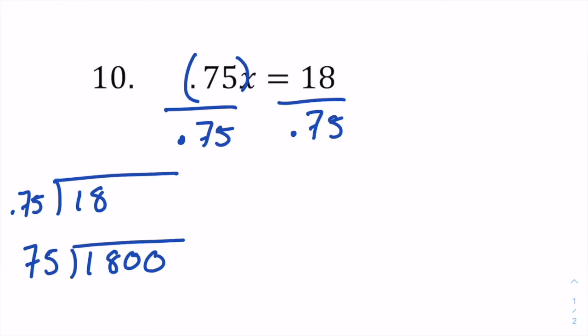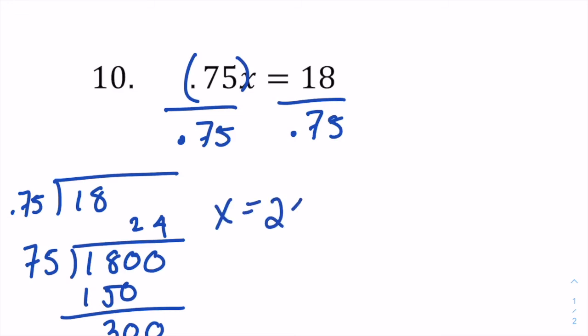And 75 will go into 180 twice. That gives us 150, leaving us with 300. And 75 will go into 300 4 times. So we know that x here is equal to 24.